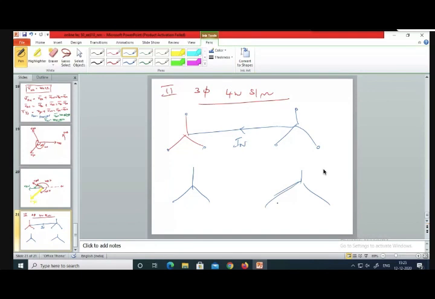That impedance is called neutral impedance, that is Zn, and it might carry some current. So this is neutral without impedance. This is neutral with impedance. Here Zn is 0. Here Zn is non-zero.